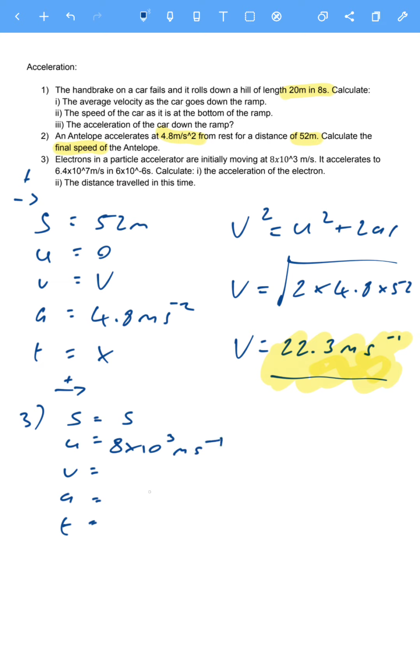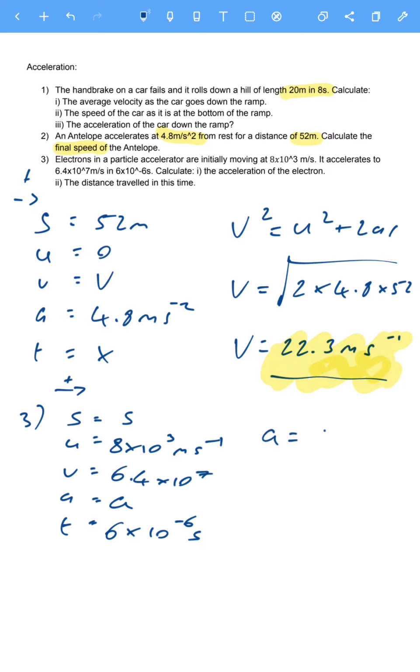The final velocity is 6.4 times 10 to the power 7. The acceleration, we're trying to figure that out as well. And then the time for that change is 6 times 10 to the minus 6, or 6 microseconds. So let's find the acceleration first.